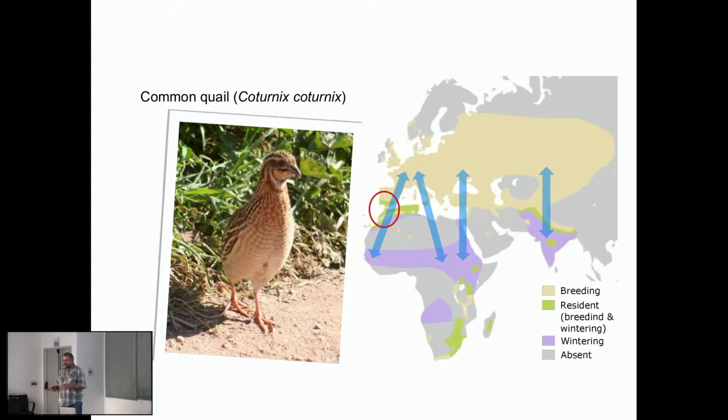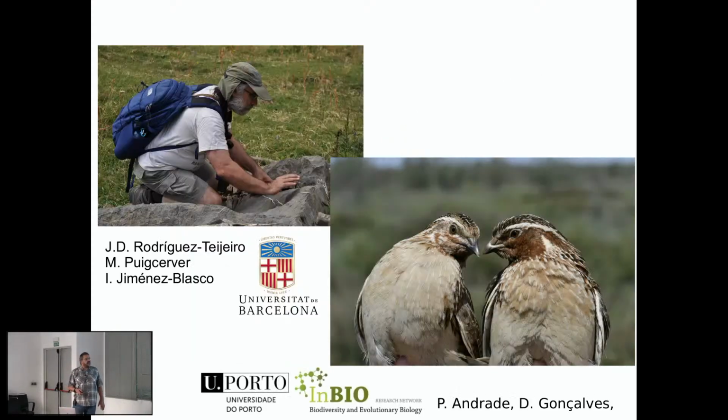The interest in this project started many years ago, while I was still working in Sweden, more than 15 years ago. A collaborator, Domingo Rodriguez Teijeiro, came to us asking if we could try to answer a question. Why are there so many dark quails in the south of the Iberian Peninsula?